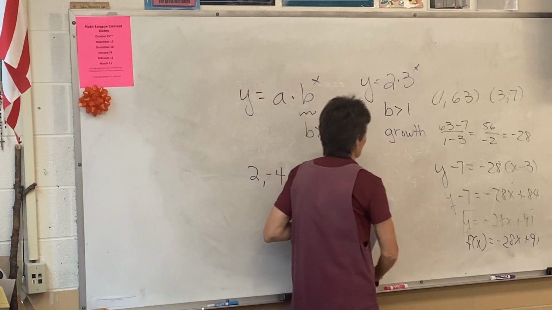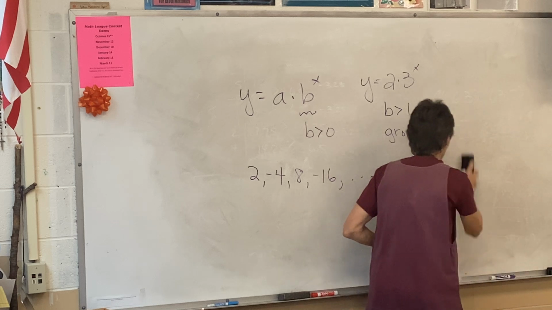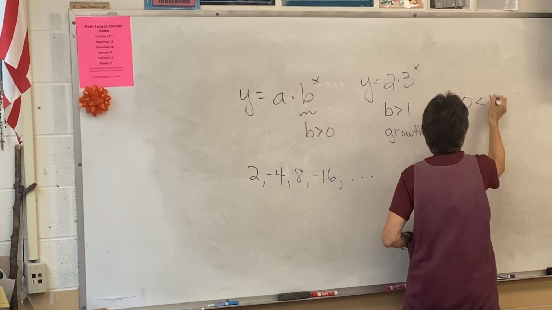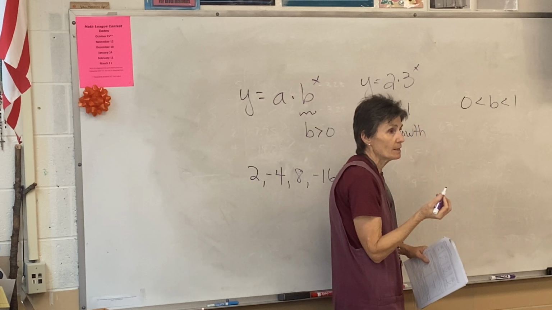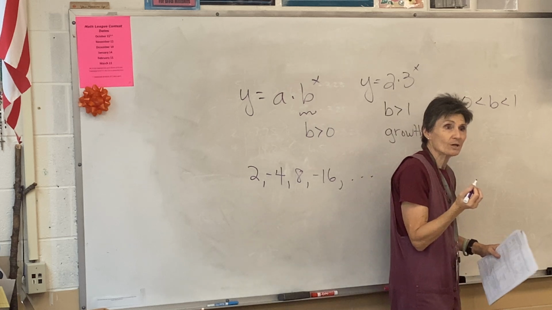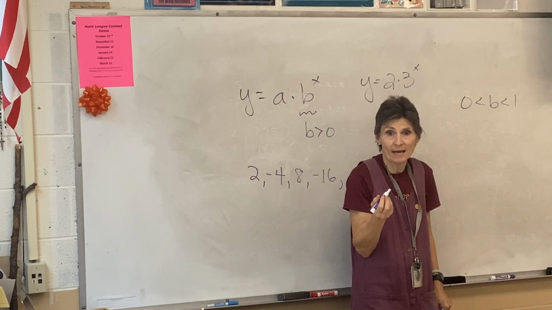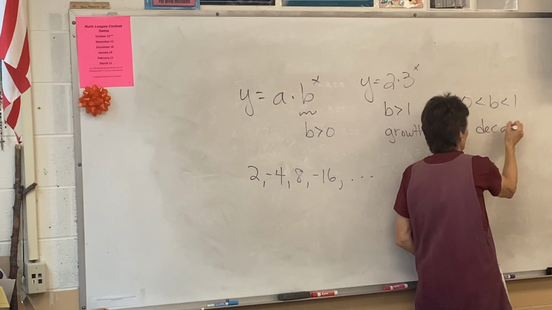If your base is somewhere between 0 and 1, then we're still exponential, but we won't be getting bigger, we'll be getting smaller because we're multiplying by something like 1/2. So this would be an example of exponential decay.